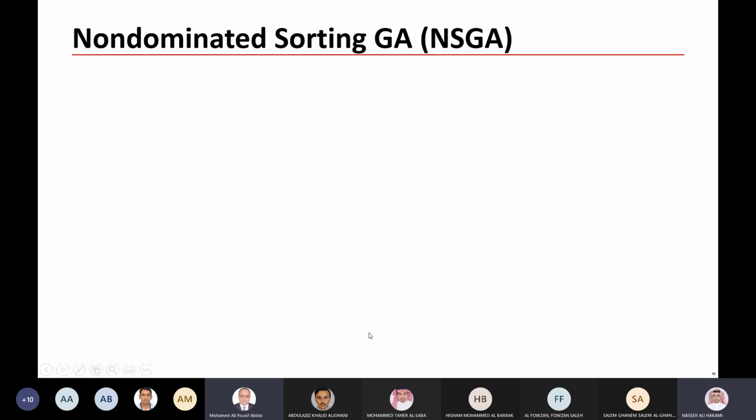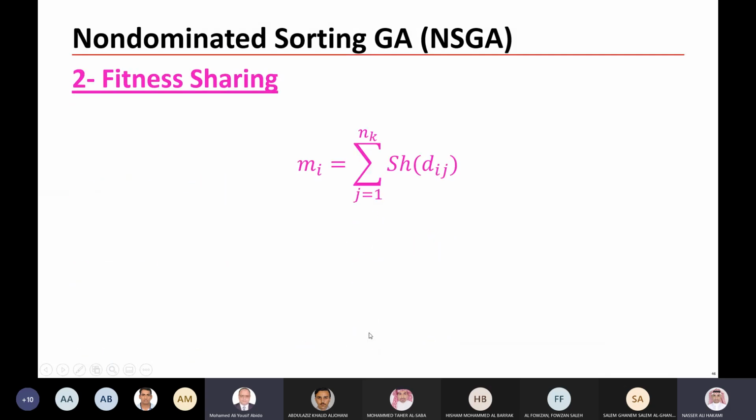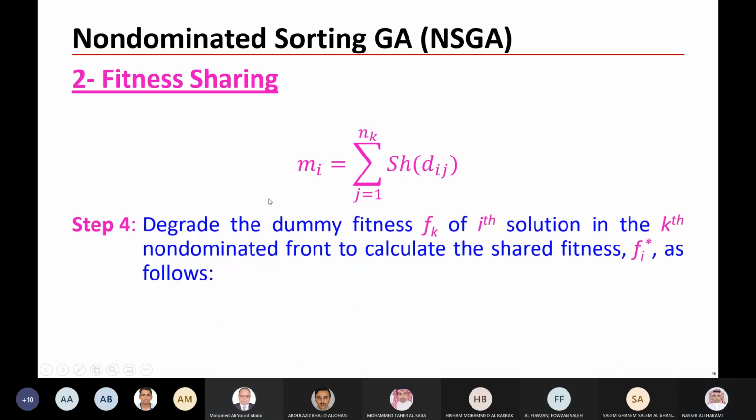Okay, so this is the sharing. You sum all the sharing with respect to solution number 1. So we degrade the dummy fitness FK. FK is given earlier, FK equal to 10, for example. Now we will divide F by M. The minimum value of M equals 1, so it will be kept the same.